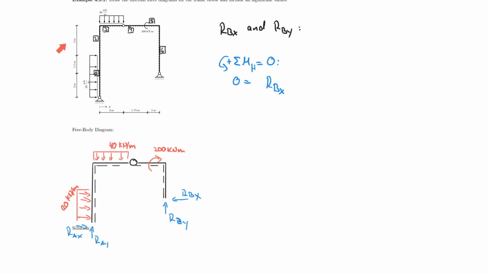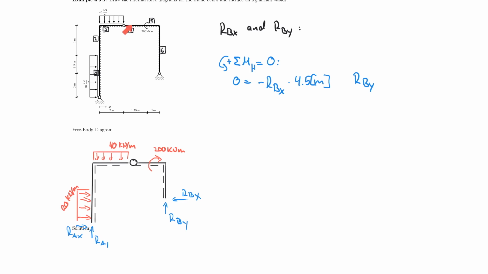So that gives me a lever arm of 4.5 meters. So RBX times 4.5 meters. And that turns, like I said, clockwise, therefore it's negative. And now I'm going to deal with RBY. And RBY is really acting here upwards.